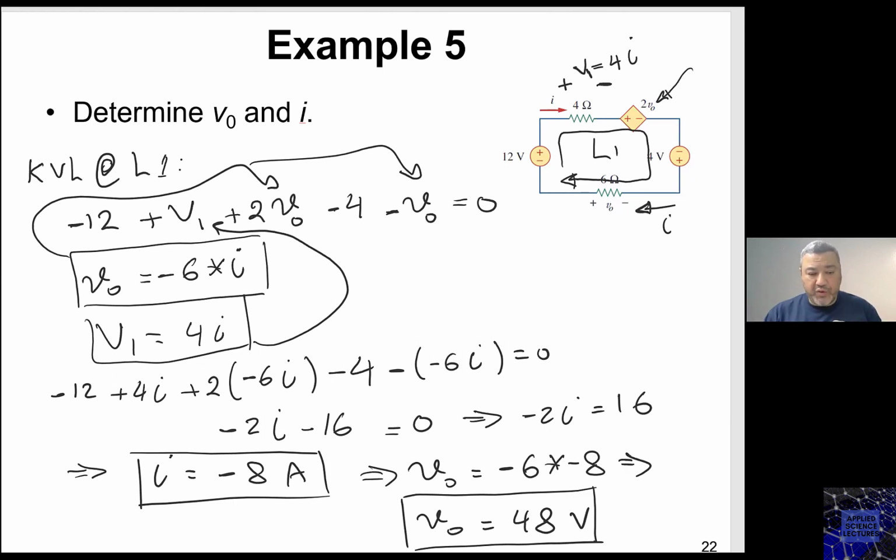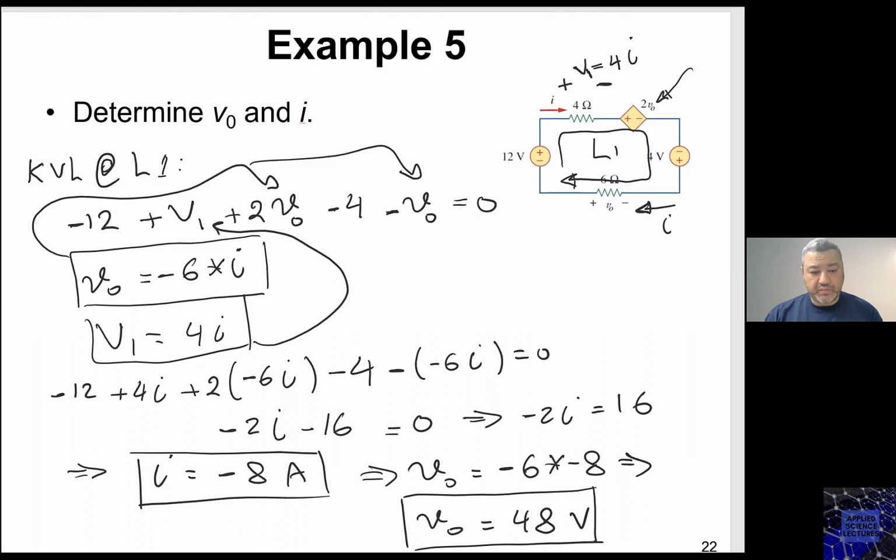However, when I worked out the problem, applied KVL, found the relationship between the current and my controlling parameter V naught, and solved it, yes, you're right. I found out that the current is going in the opposite direction than it was assumed. Any other questions?